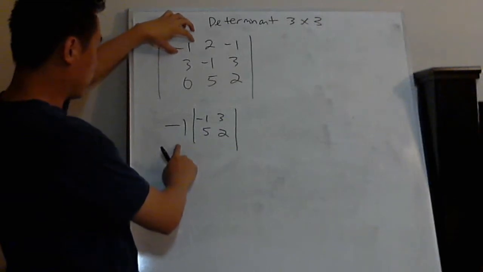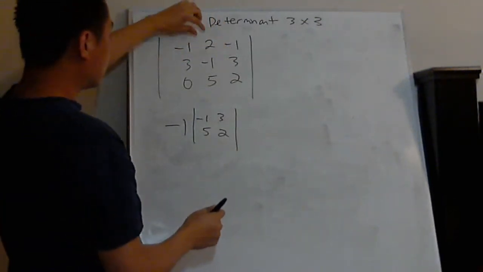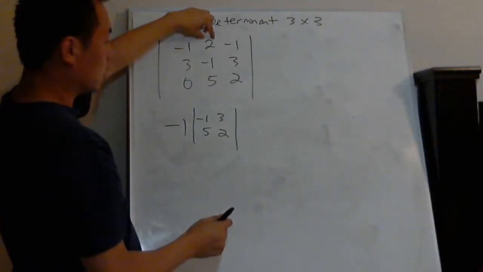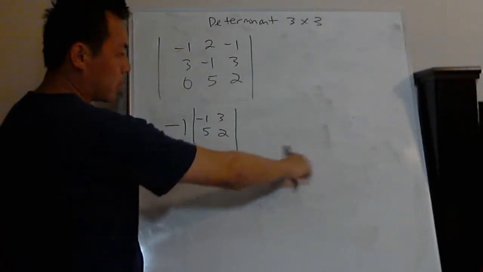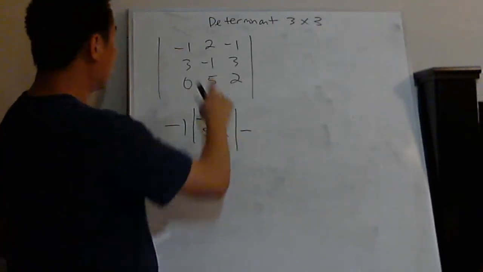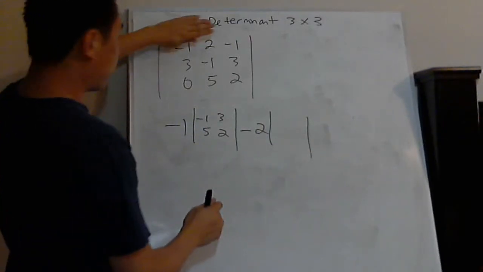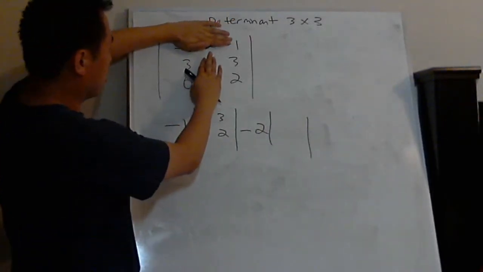-1 times this 2 by 2 thing. So now the next one, we do 2, right? And the thing is when you're doing this method, you have to alternate signs. So it's going to be -2. And then when you cover up 2, what do you get?